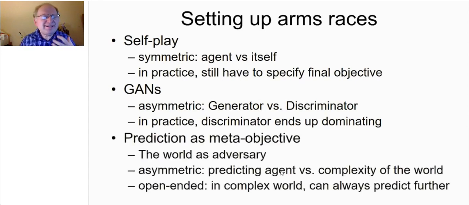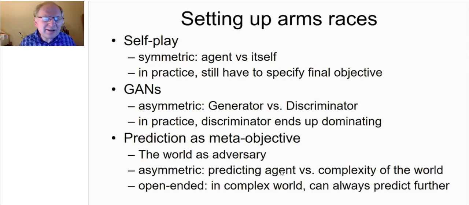So one thing that I'm very excited about as a mechanism of setting up arms races is having this goal of prediction as a meta objective. Okay, and so the idea here is that the world is the adversary.